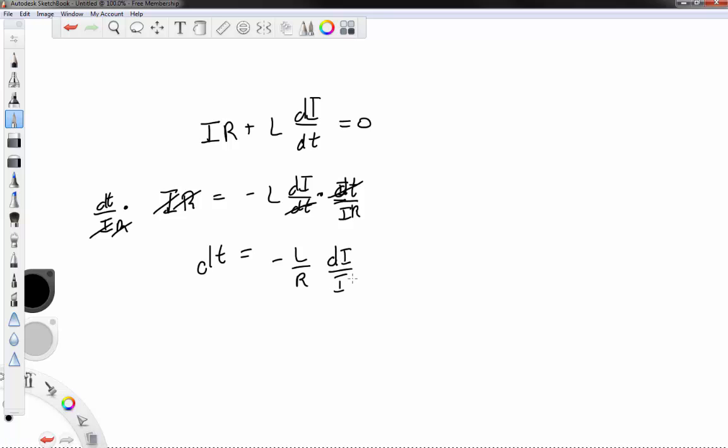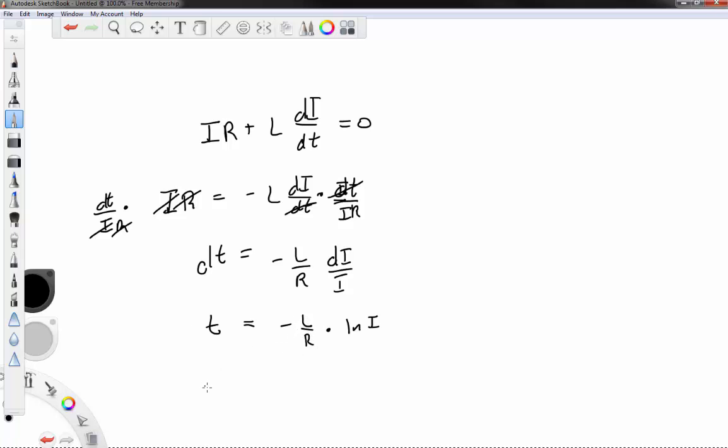And so basically you get t is equal to negative L over R times the natural log of I. So at this point, I guess we need to actually get rid of the L over R on both sides.